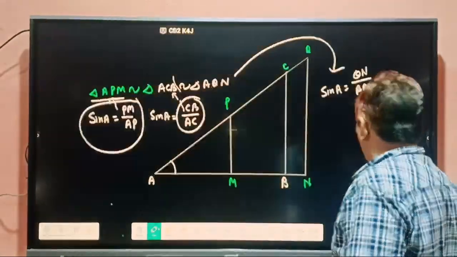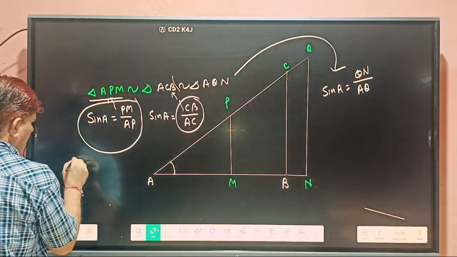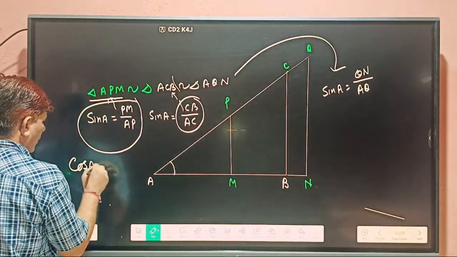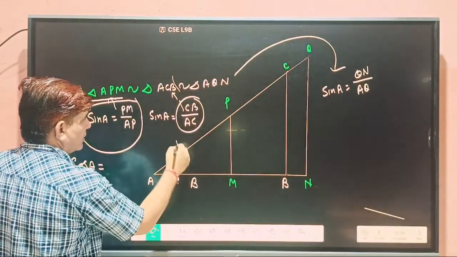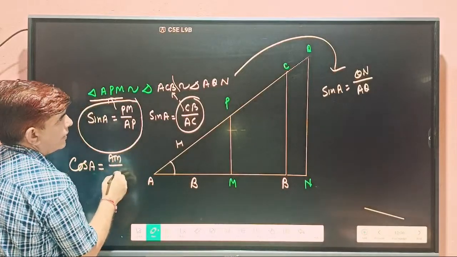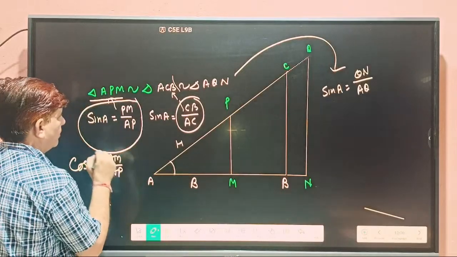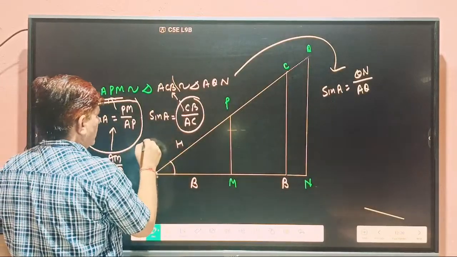Understood? And similarly, you can find cos of A. Cos of A for which triangle? This triangle. This is the base and this is the hypotenuse. So it means AM by AP, talking about this triangle. And what about this one?